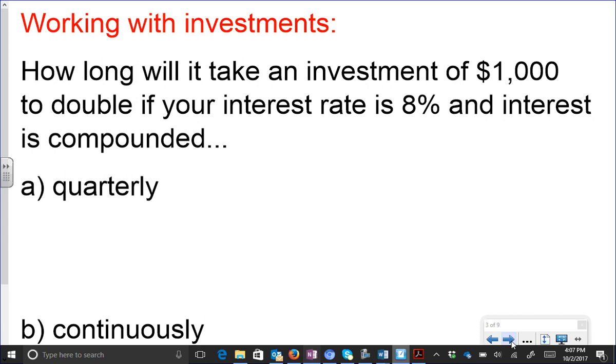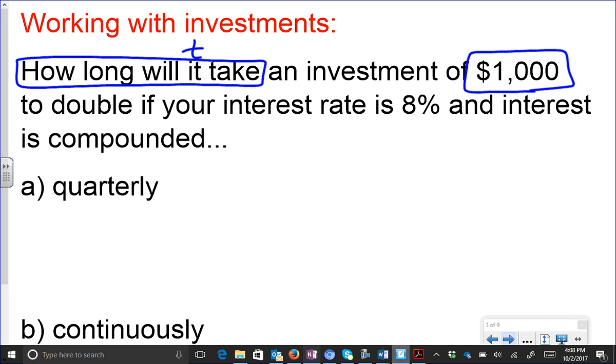We talked about finding an amount in compound interest. Well, what if we are asked how long will it take? How long will it take means we are solving for t. So how long will it take an investment of $1,000 to double if your interest is 8%?